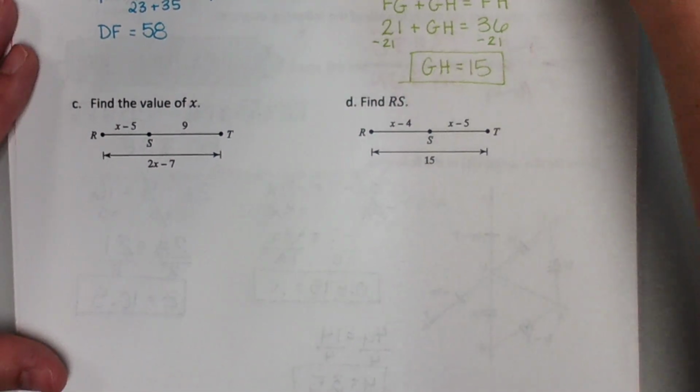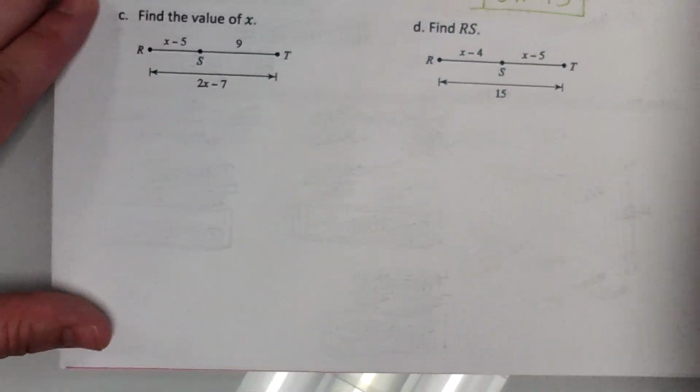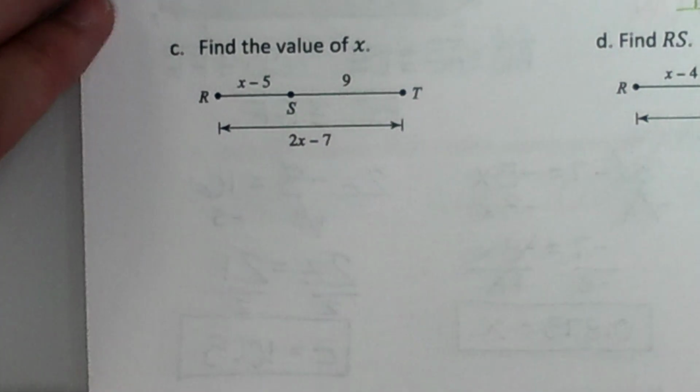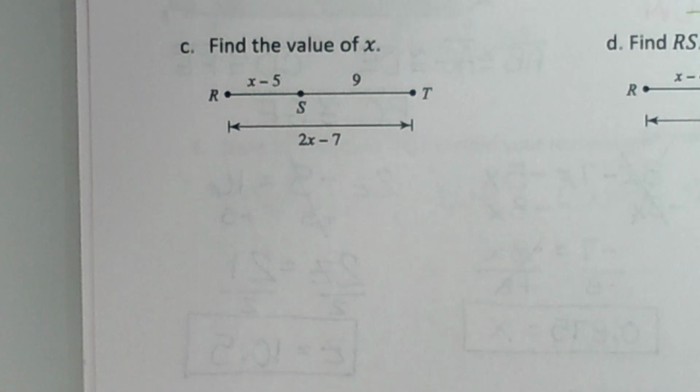Anyway, okay, we got two more examples. First one says find the value of X. Do you see a segment? Does it have 3 points on it? Anytime you see a picture like this, you want to look for what measurements you have.